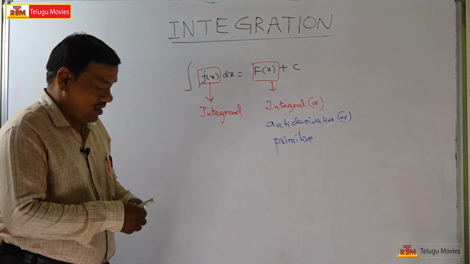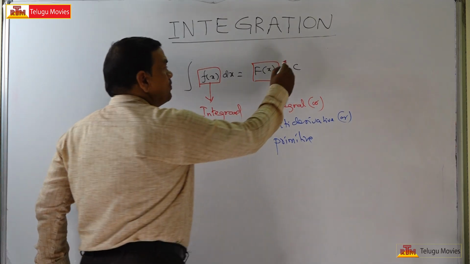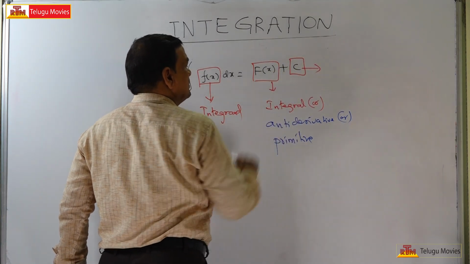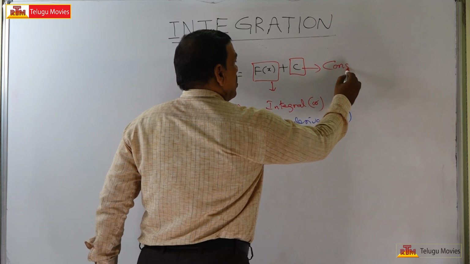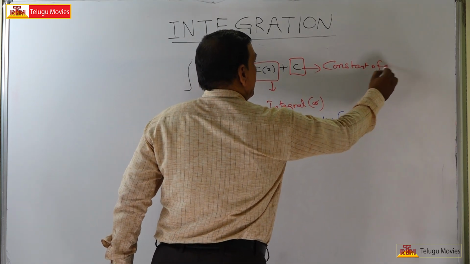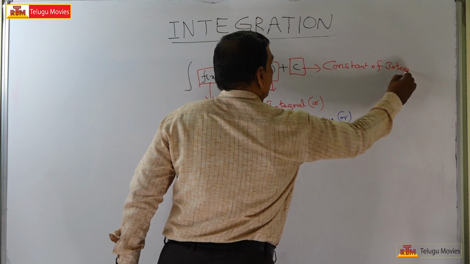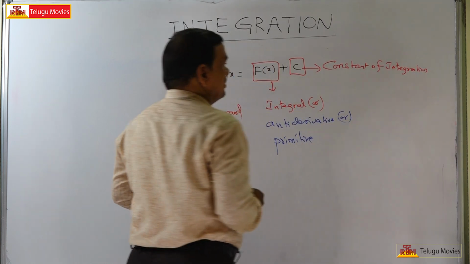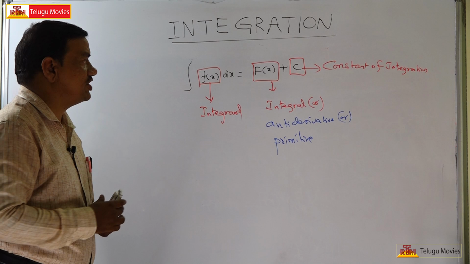Understand this? Coming to this capital C, what may this be? This is called the constant of integration. We got this constant of integration.